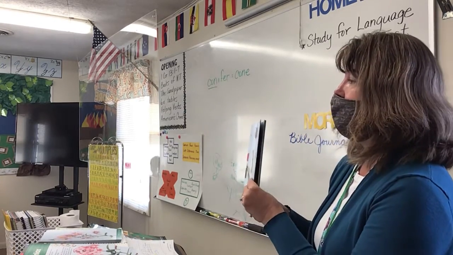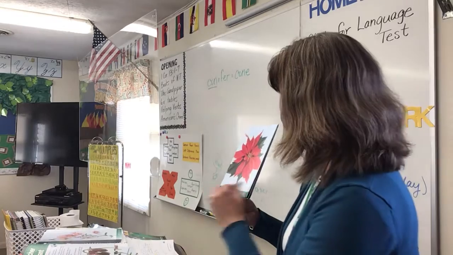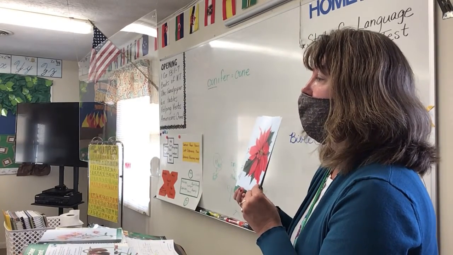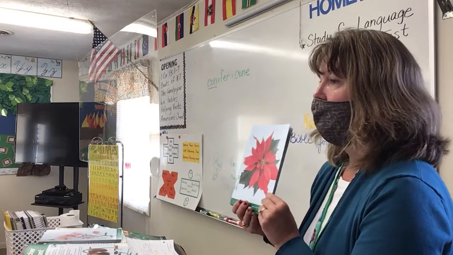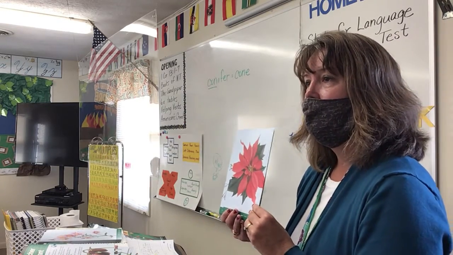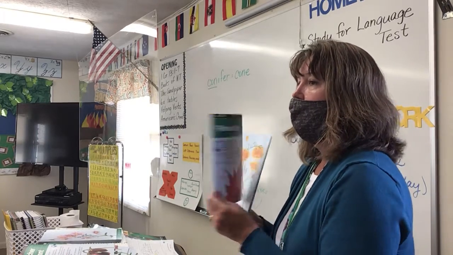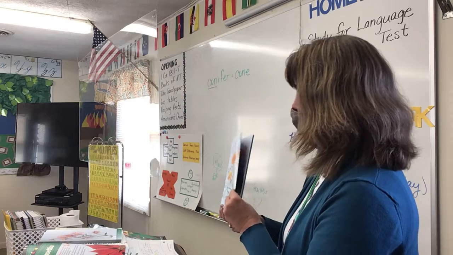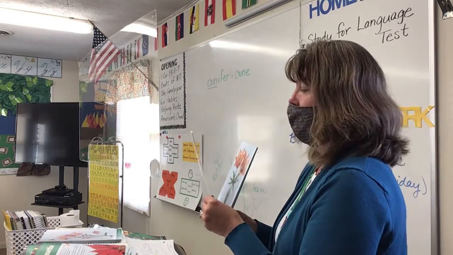What's this? Pitcher plant. Cornelius. No. Maple. It is. This is a Christmas flower. Holly. I think you're drawing this, Jacob, aren't you? For art? Poinsettia. Yeah, that's what I said. This is a poppy.